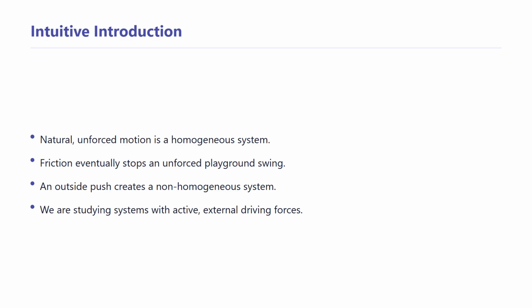But now, imagine a friend stands behind you and gives you a push every time you swing backward. You are no longer just moving on your own. You are being forced to move by an outside push. This external driving force is exactly what makes an equation non-homogeneous. We are going to study systems that are actively driven by these outside forces.